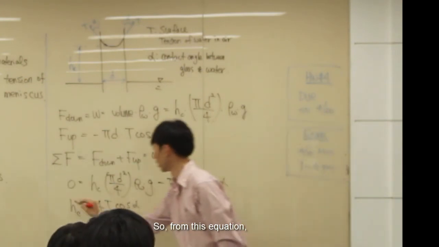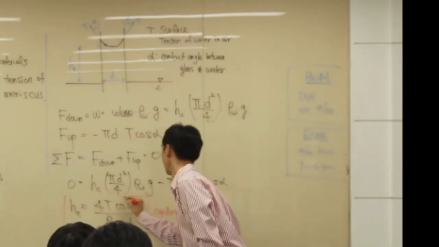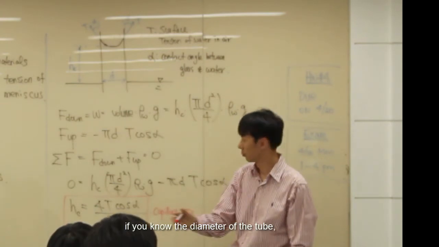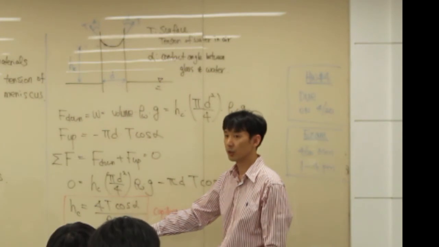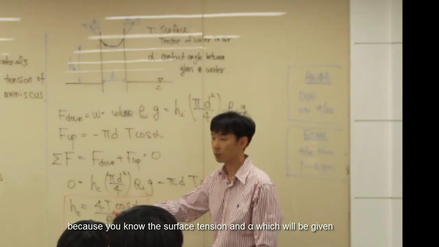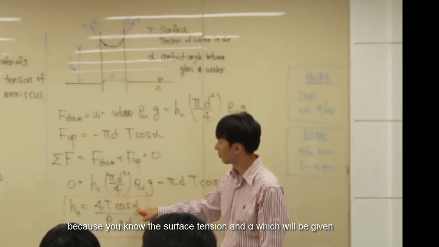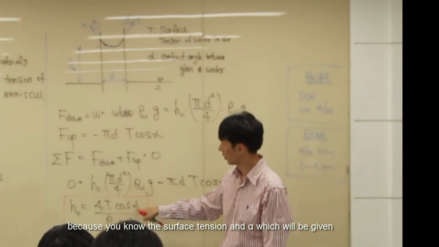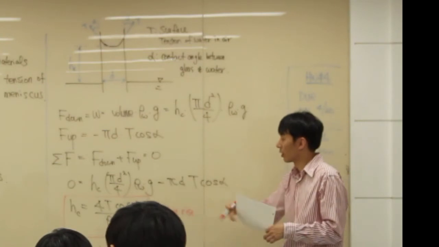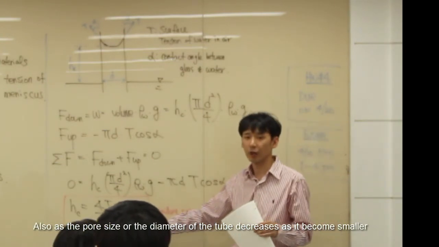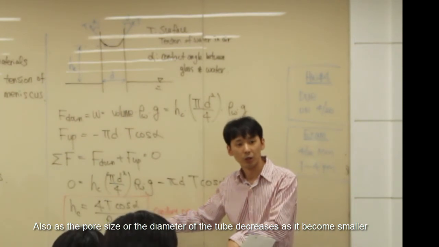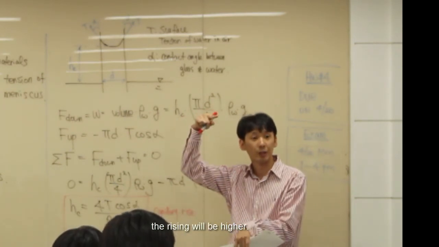So from this equation, if you know the diameter of the tube, which is the d here, and you know the surface tension, which is a known parameter that will be given, and alpha is also given, you can estimate how high the water can go up. So as the pore size or the diameter of the tube decreases, as it becomes smaller, the rise will be higher. Right?